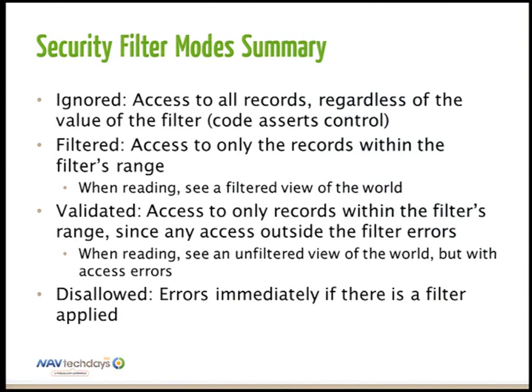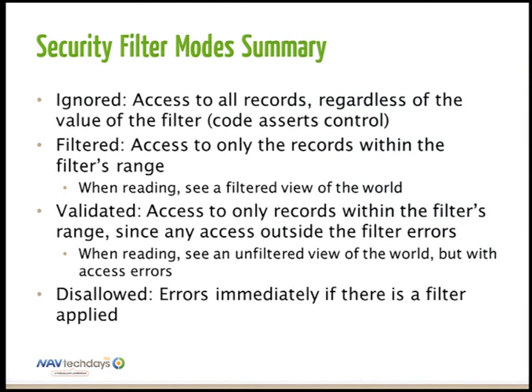And then the last one is disallowed. The idea behind that is you're writing some code. You know that this code needs full access to this table. But you don't want to take the responsibility of saying, okay, I give full access to the user by using the ignore, but you want to say, okay, I want to alert the user that he's trying to do something that he shouldn't do because he has limited permissions.